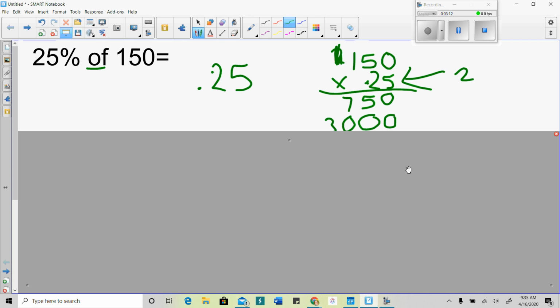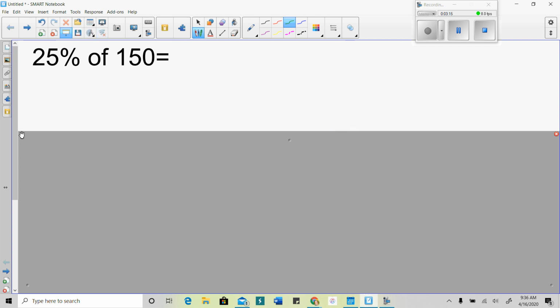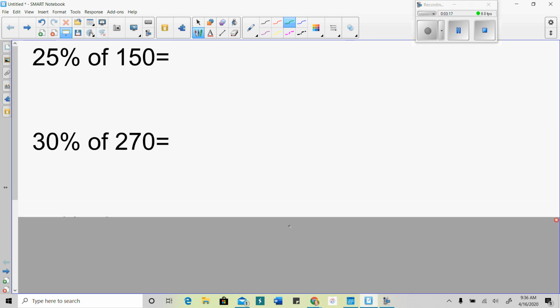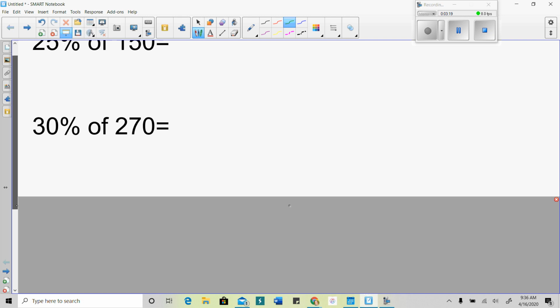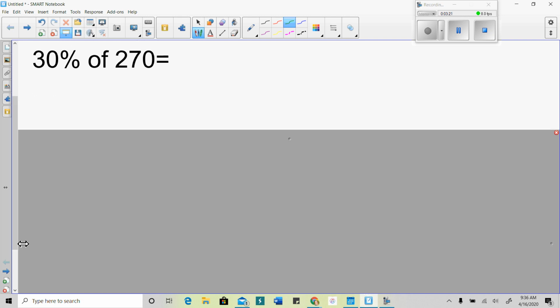Okay, so let's try another one here. So we're going to do 30% of 270. So remember, first step is turn the percent into a decimal. So you do that by moving the decimal to the left 2 places. So 1, 2. So it's going to be 0.30, or you could even just put 0.3. So 270 times 0.3.